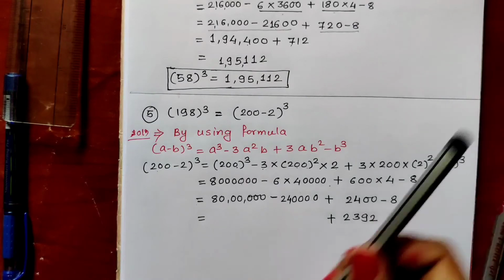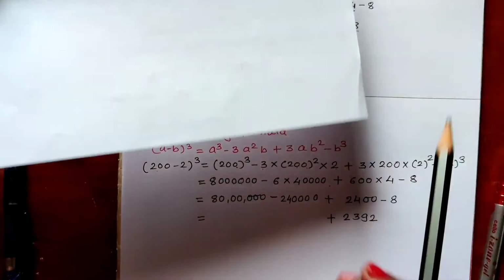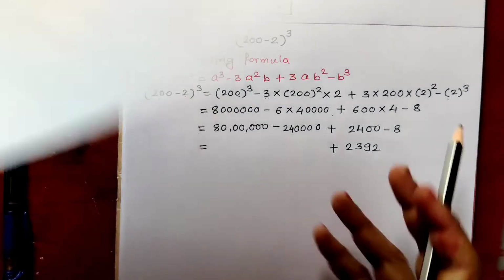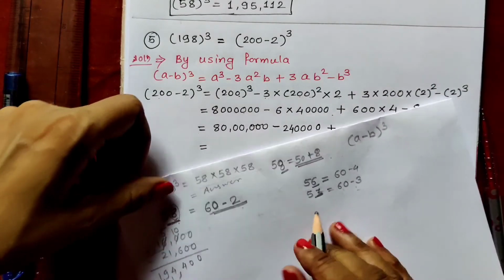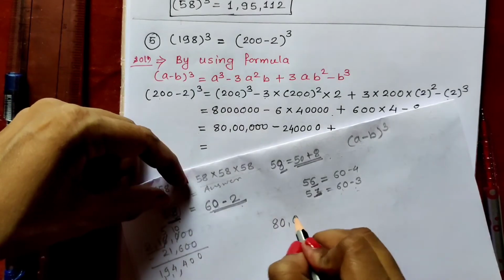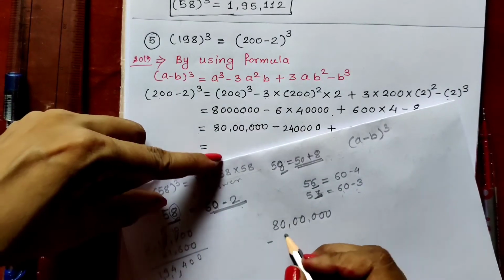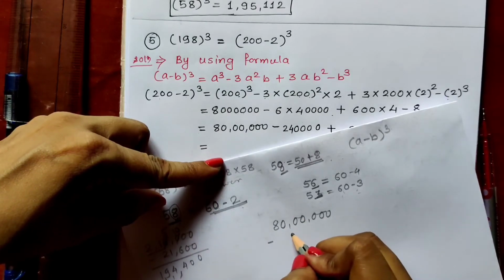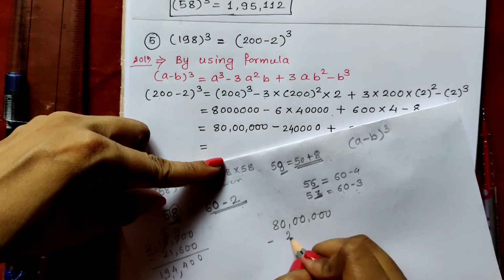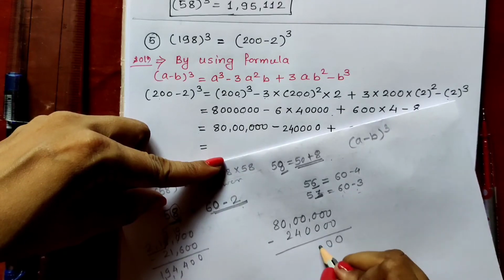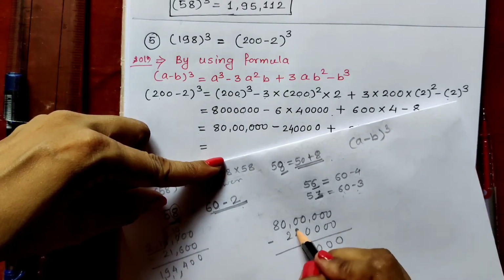For doing this subtraction, we will have to use our paper. So it is 80 lakh minus 240000. So this 0000, 4 zeros we have to write as it is.